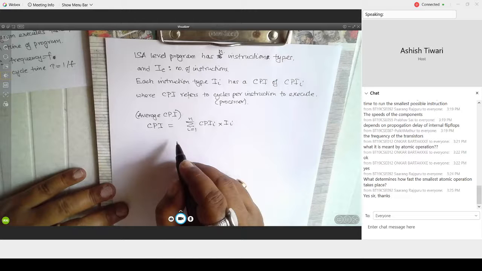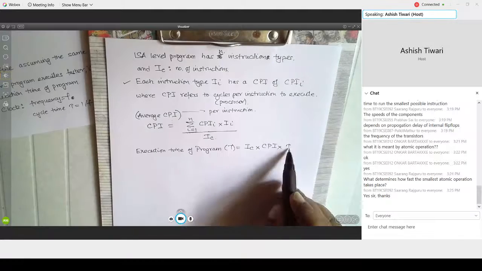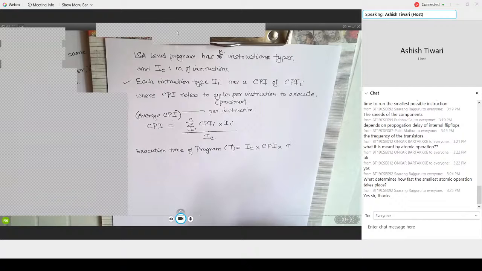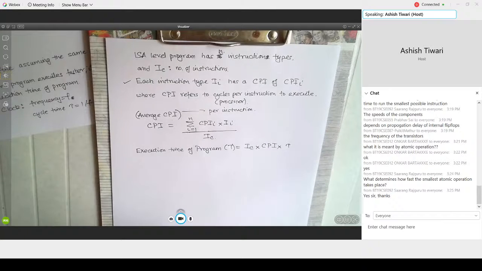So these number of cycles will execute in so much time, and this is per instruction. So if I multiply by the number of instructions, I will get the time it takes to execute my IC level program, right?